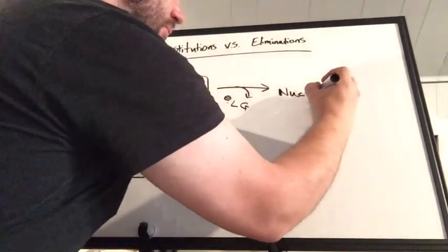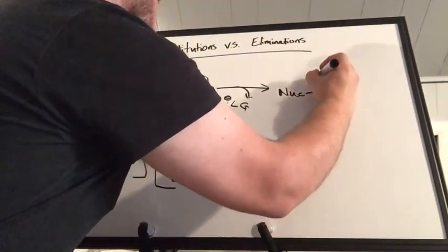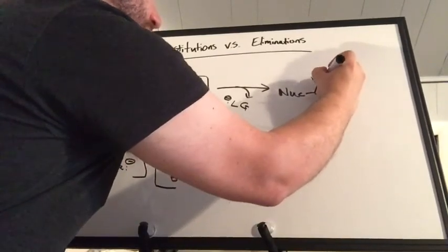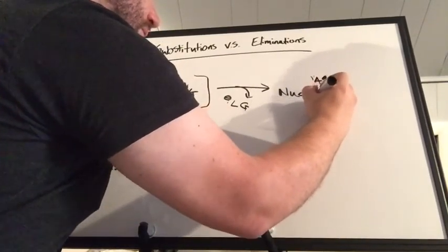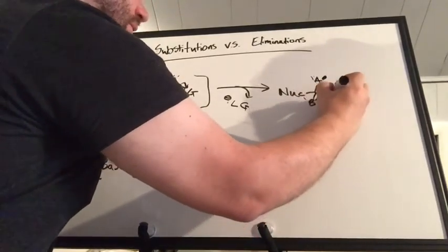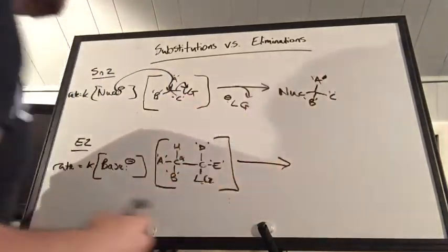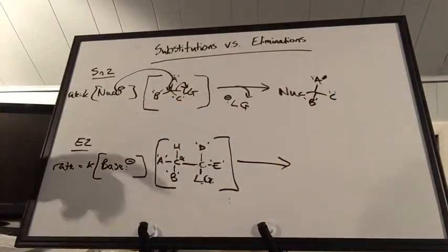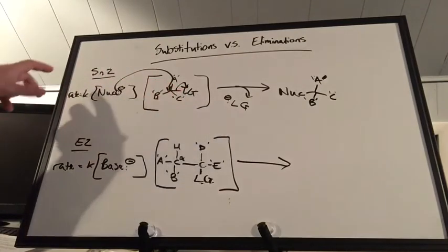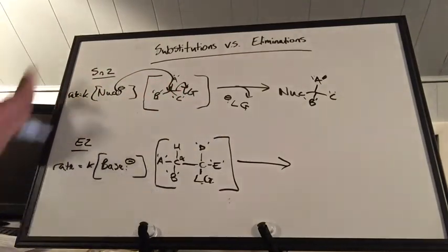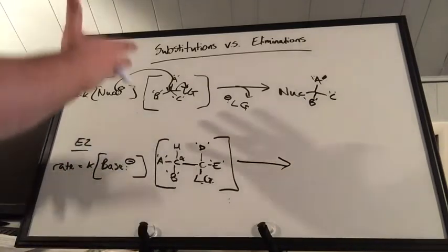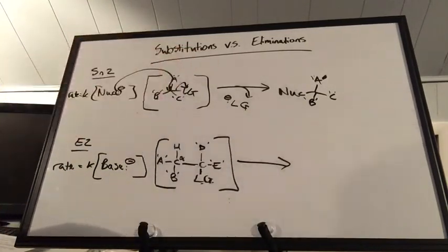what that leaving group was attached to, the electrophile. All right, so what that means is that it's substituted this leaving group. It's become a more stabilizing complex with that substitution.